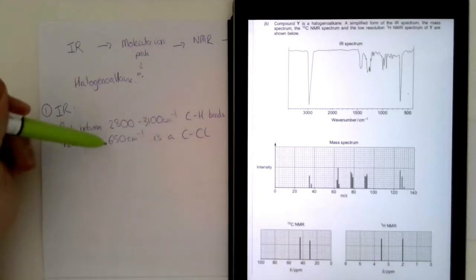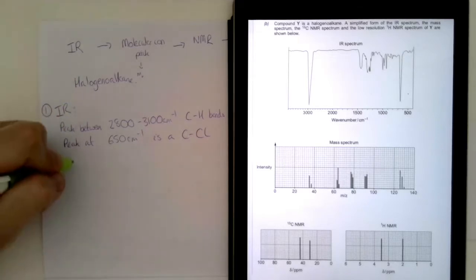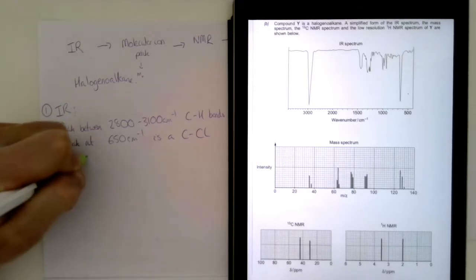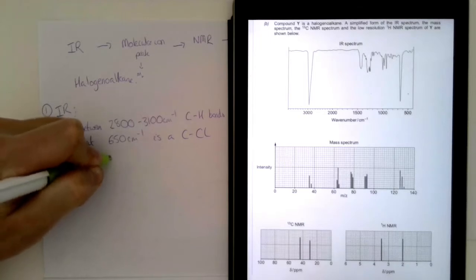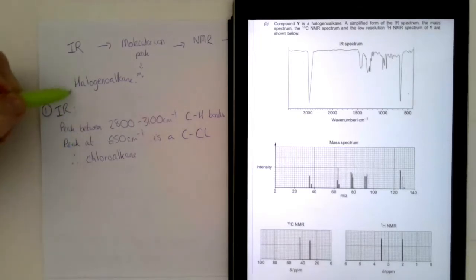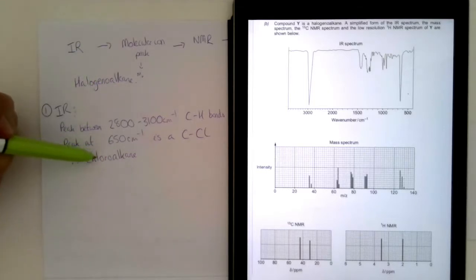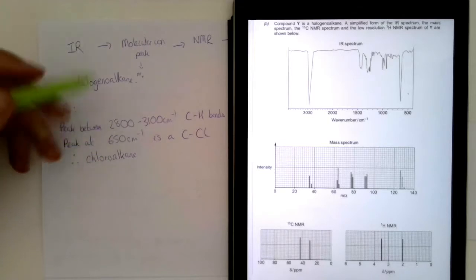If you look in the data booklet, 650 can only be carbon to chlorine. So now I know it's a chloroalkane. I also know it hasn't got an alcohol in it or anything like that. It's just a simple halogenoalkane. It might have more than one chlorine in it, but it's a chloroalkane.